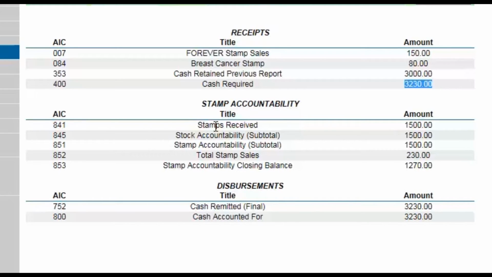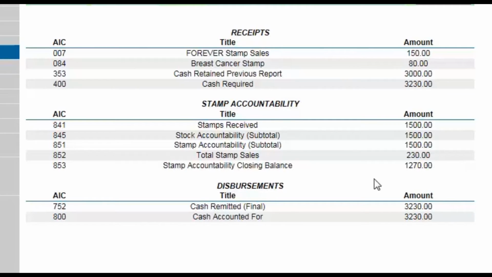Today, the post office received a total of $1,500 worth of stamps. Today, the post office sold $230 worth of stamps, which means that the closing balance for the post office, or the amount of stamps that the post office needs to have on hand, is $1,270 in stamps.